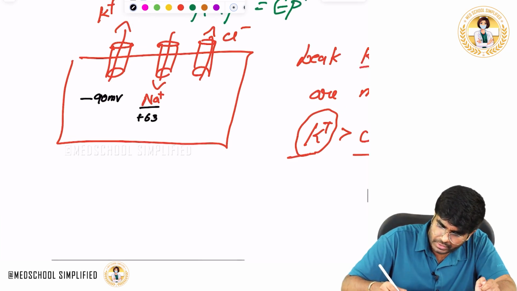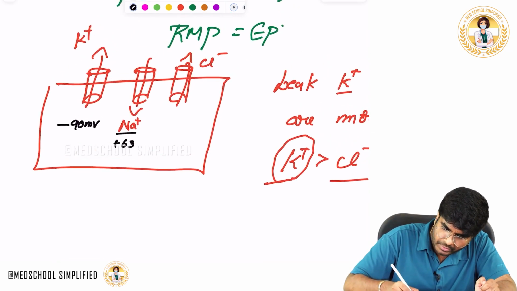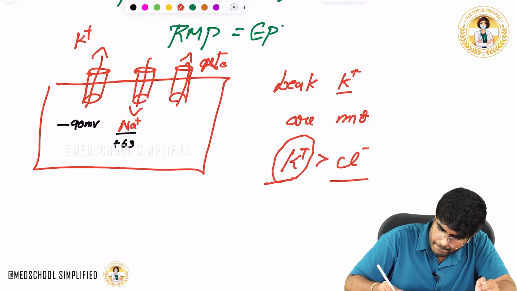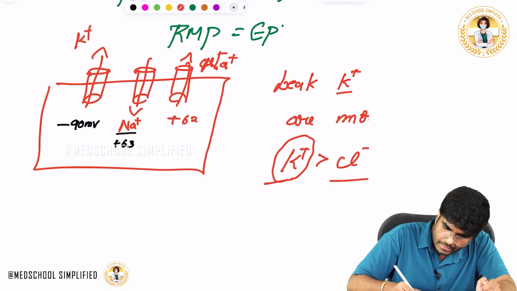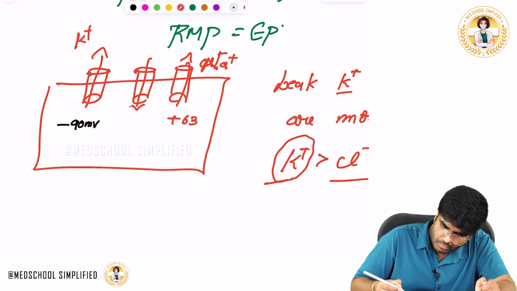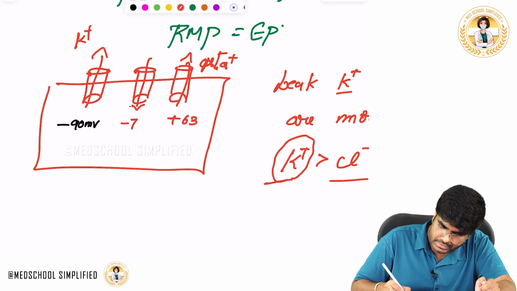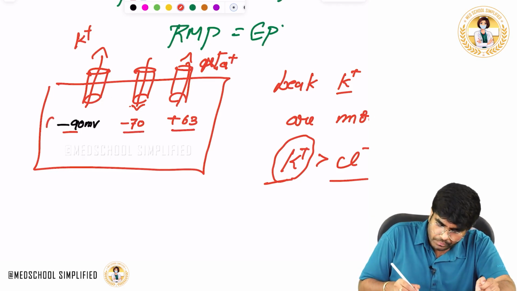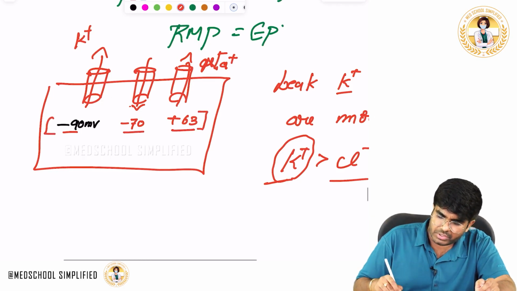Let's write sodium here for better understanding, plus 63. Let me write chloride here. What is the equilibrium potential of chloride? Minus 70. So minus 90, minus 70, plus 63. What will be the resting membrane potential of this particular cell?